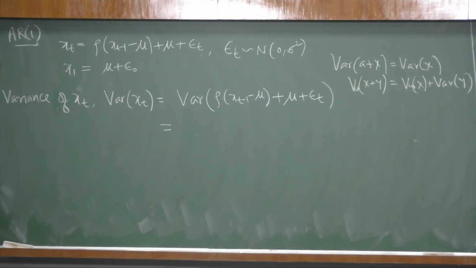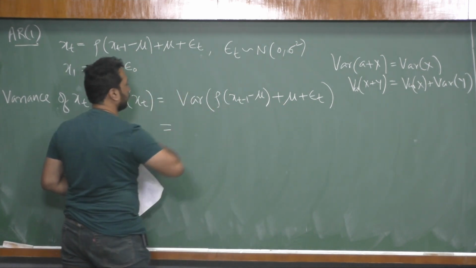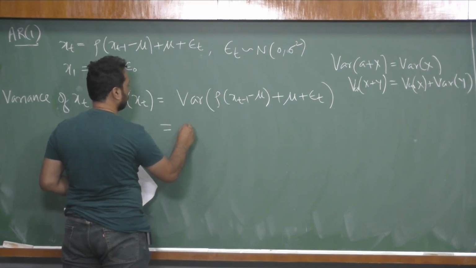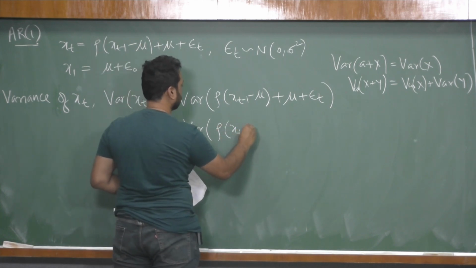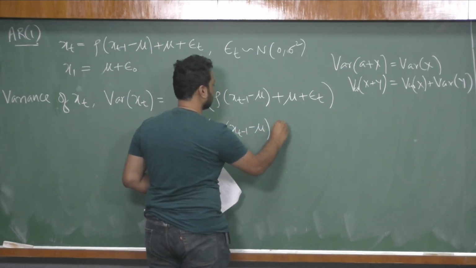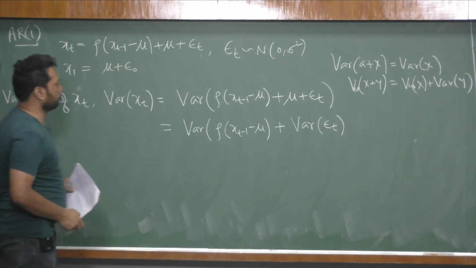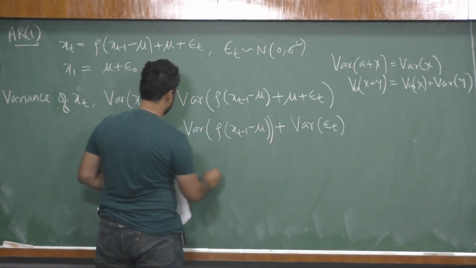So in this case, if we solve for this, the constant will go away, and we have the variance of rho times (X t minus 1 minus mu), plus the variance of epsilon t. We have that X t minus 1 minus mu and epsilon t are independent, and hence we can do this splitting.